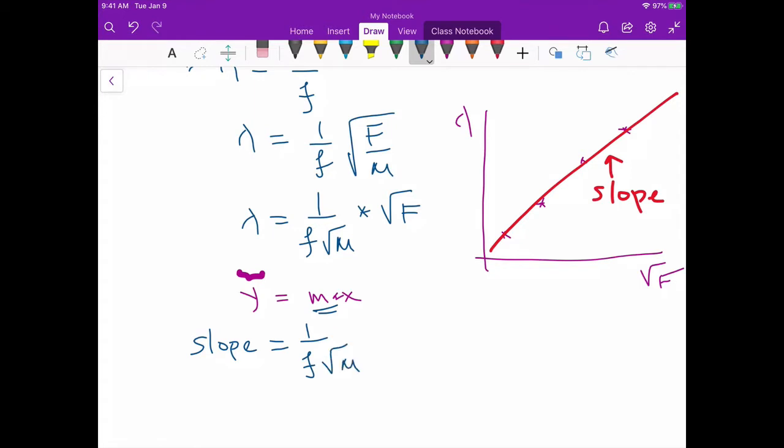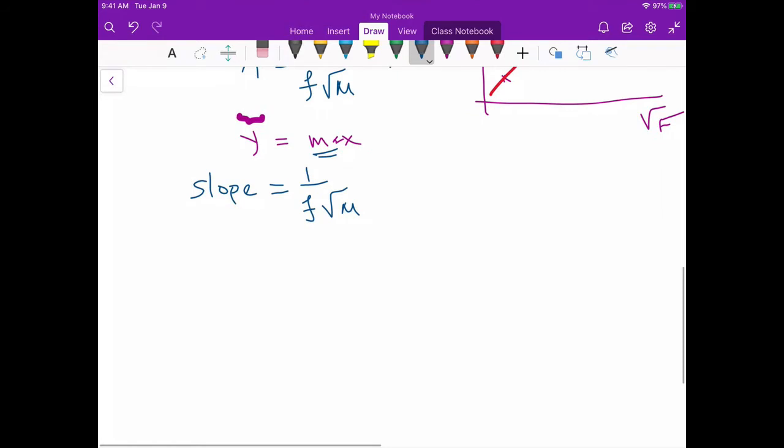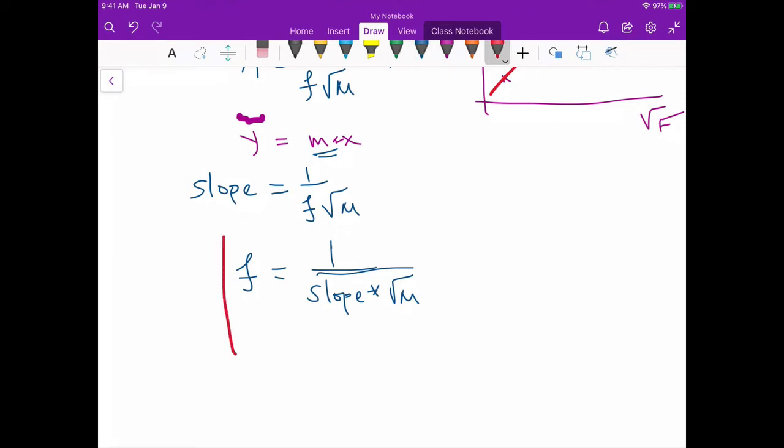So if someone asks you to find the frequency, it will be equal to 1 over the slope, multiplied by the square root of mu. In today's experiment we are trying to find the frequency that creates a standing wave by using this formula.